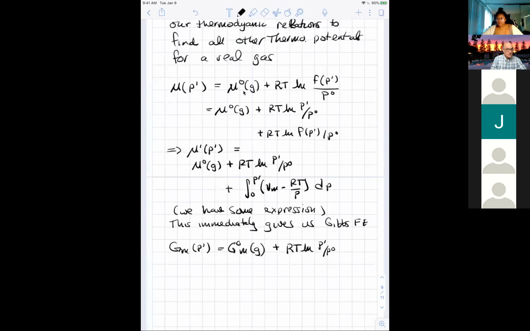Then this first term is like an ideal gas term, right? And then we have a term that shows us the deviation from the ideal gas. So we have a constant term, we have an ideal gas part, and then we have some deviation from the ideal gas part.